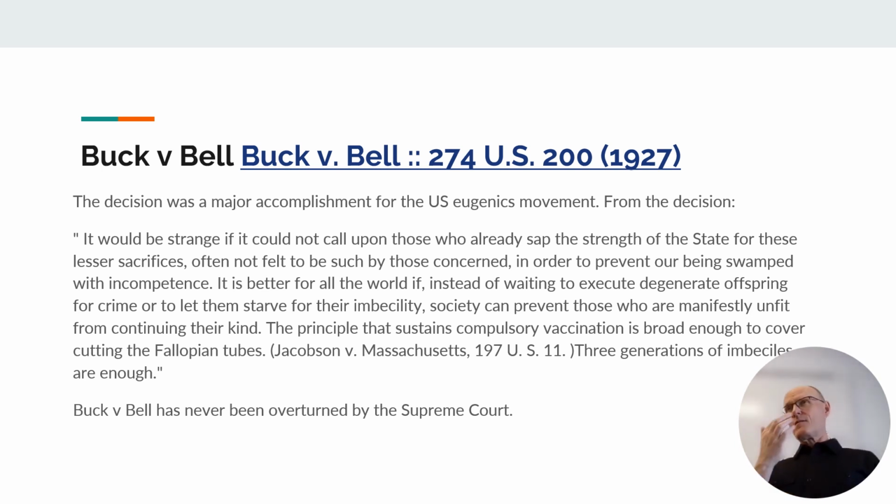Well, certainly Carrie Buck was not necessarily happy about it. "In order to prevent our being swamped with incompetence." So the idea is these feeble-minded people are incompetent. If you had survival of the fittest, these feeble-minded would be eliminated from society.